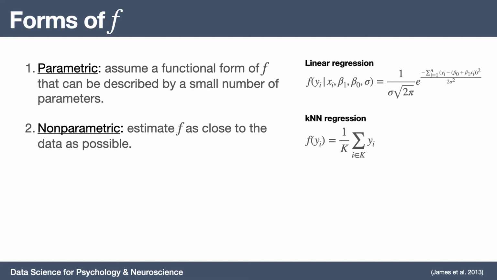Something like KNN, or K nearest neighbors regression, doesn't. In KNN regression, all you do to estimate or predict y is estimate its nearest neighbors on some training set. You don't assume any form of y whatsoever. You're going to use just the data that you have to define your prediction of y in the future.